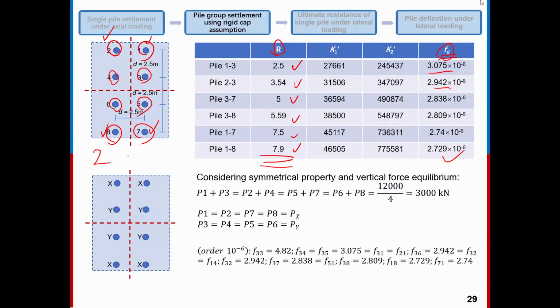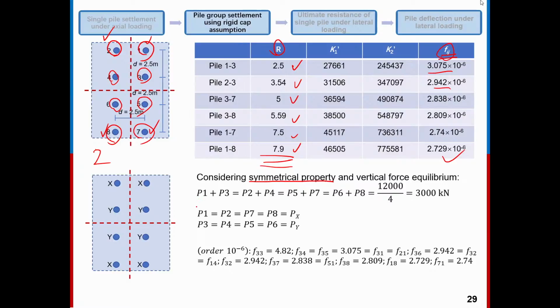As I said, this is a symmetrical problem, so consider the symmetrical property and vertical force equilibrium. Let's see the first one, the symmetrical property. As I said, it can be divided into 4 parts, so the total load in each part will be equal.